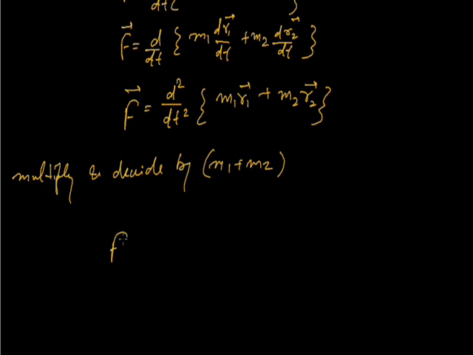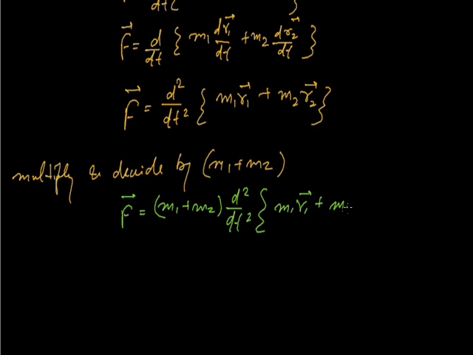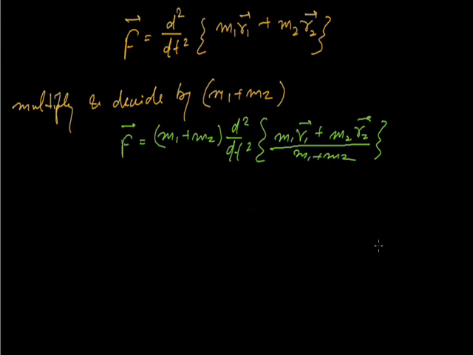So F vector will be equal to m1 plus m2 times d2 by dt square of m1 r1 plus m2 r2 upon m1 plus m2.